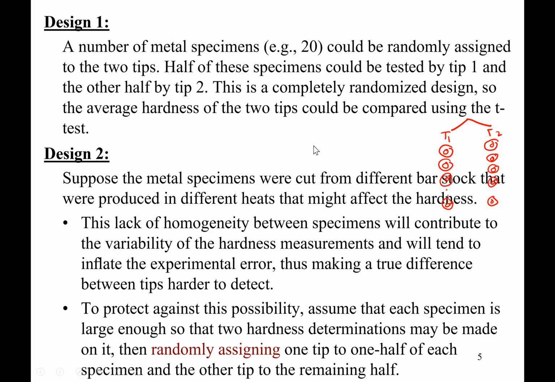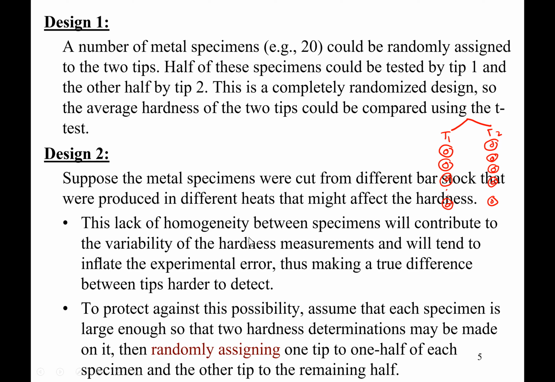But the problem is these specimens may be different in terms of hardness. Suppose the metal specimens were cut from different bar stock that were produced in different heats that might affect the hardness.